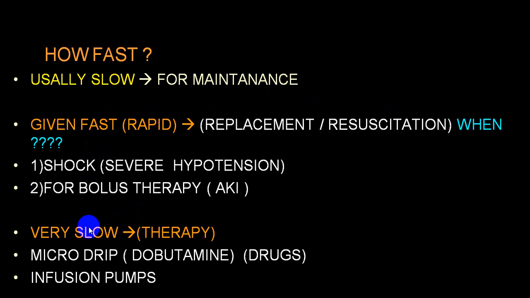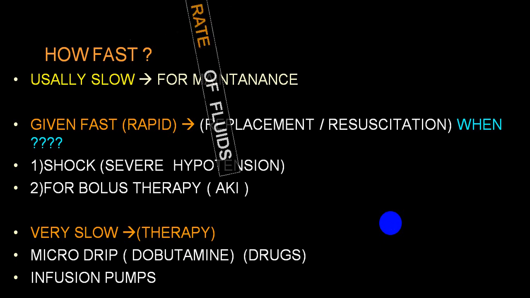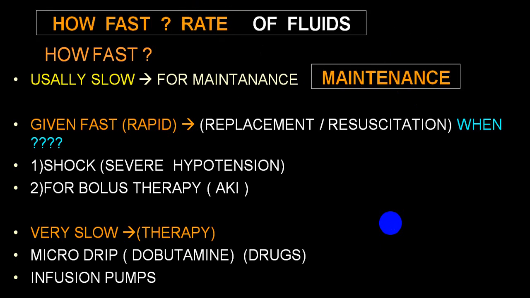While giving a slow drip, if you use micro drips, it will be very useful because it will never go fast. And very frequently, certain drugs you always give by micro drips, and you also use the additional help of infusion pumps while giving the drugs. So these are the different modes of giving IV fluids and IV drugs. For maintenance, by and large slow.